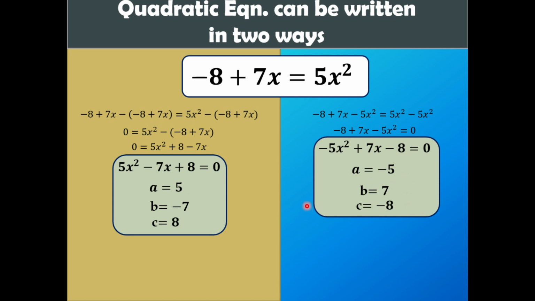So depending on your teacher and what equation you are going to use, if the quadratic term must always be positive, then you must follow this procedure here. But if your teacher says that you can have either a positive or negative quadratic term, then each of these methods or equations are correct.